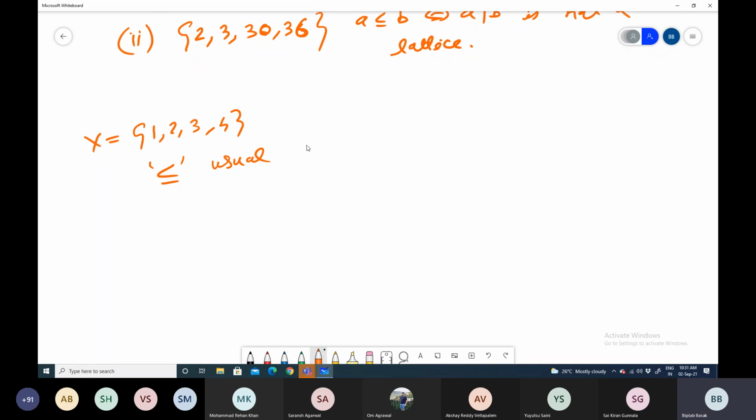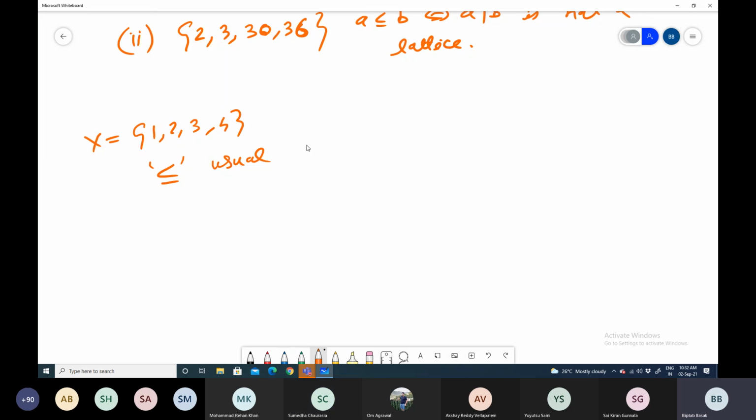Sir, so in this case, if we have a pair like 1, 2, then the greatest lower bound of that pair does not exist, right? Why? It should be 1, right? It is 1. Okay, it is just 1.